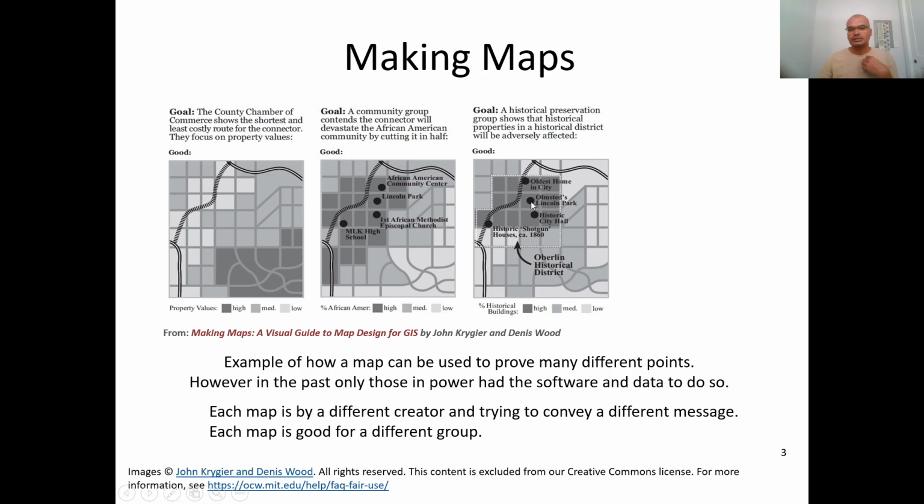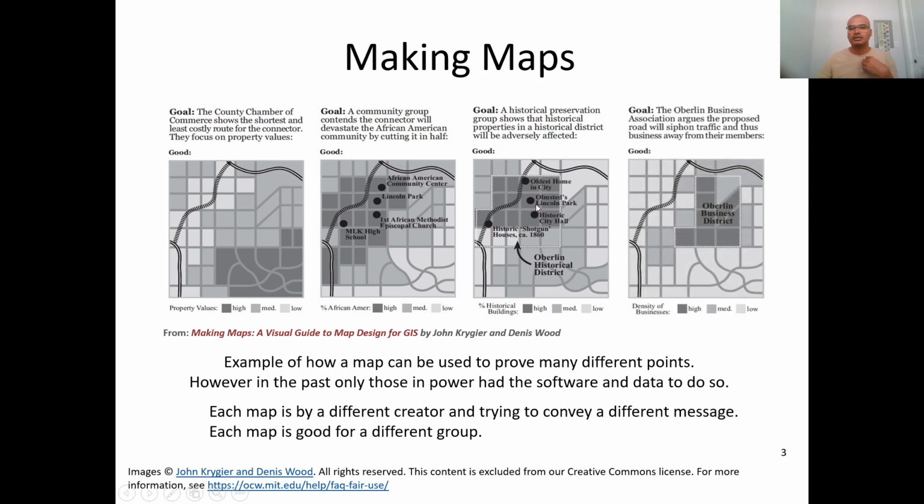A group of historians argue that this is the area where you could find more historical properties, so the new connector will disturb them. The business association also argues that the proposed road will affect their business because it is far away from their business district or business area.